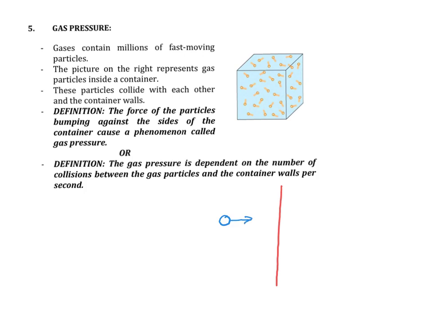It then hits the wall, and then it's going to bounce back after it's hit the wall. Now, we are interested in the position of the particle there, where it's actually colliding with the container wall. So that is the collision.